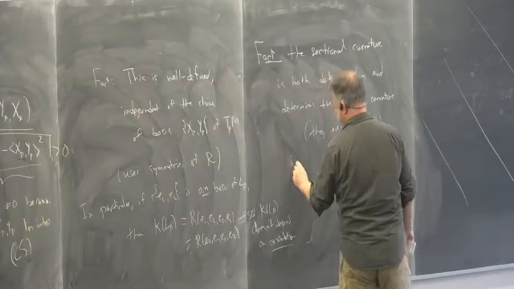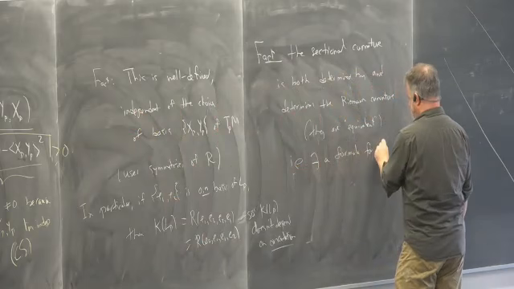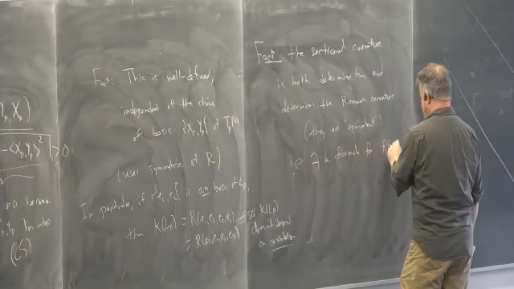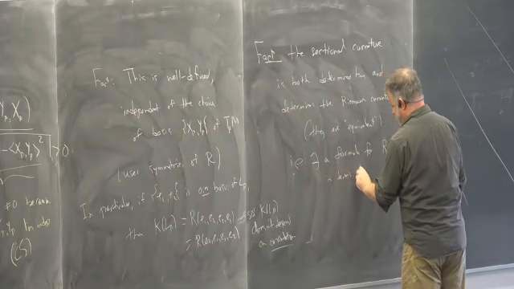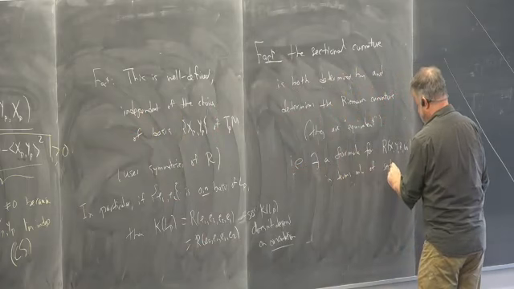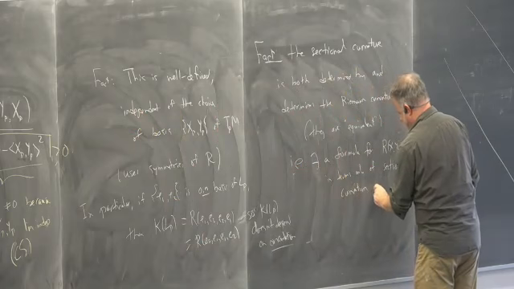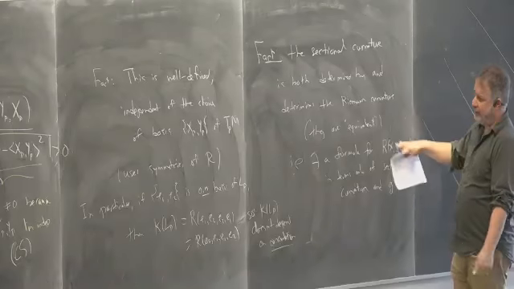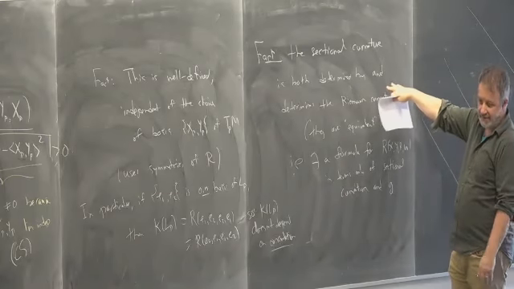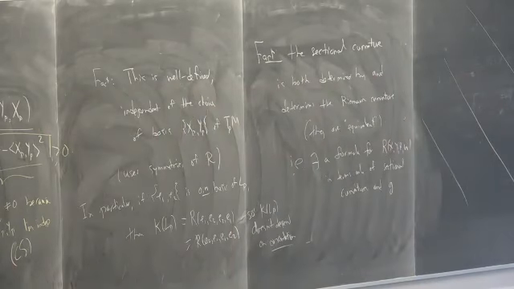So there exists a formula for R of X, Y, Z, W in terms only of sectional curvatures and the metric. It's a horrible formula, and he doesn't even write it down. He proves abstractly that this must be true. You can write it down, but it's not really worth it.